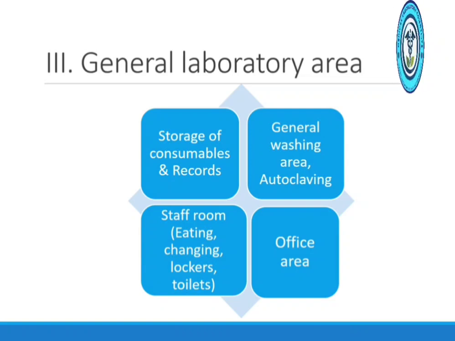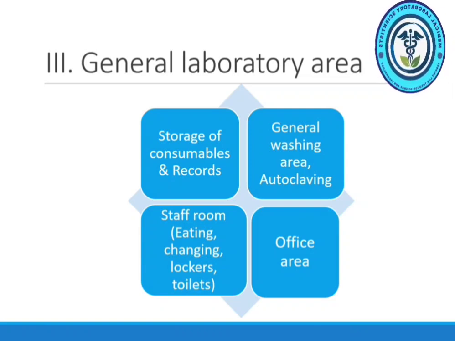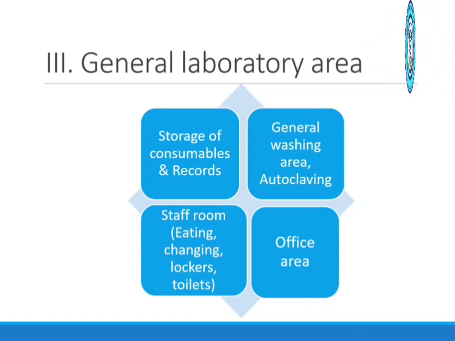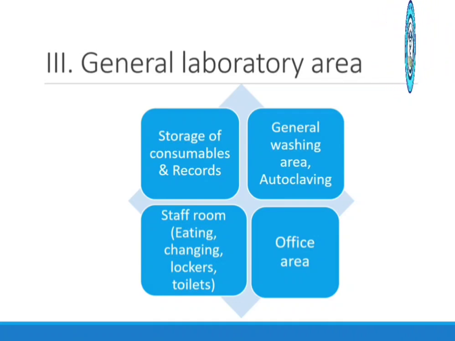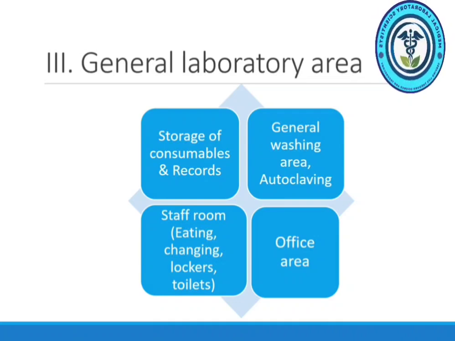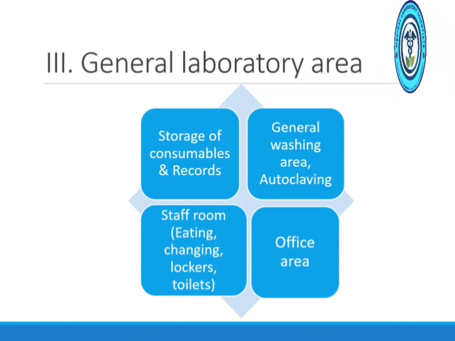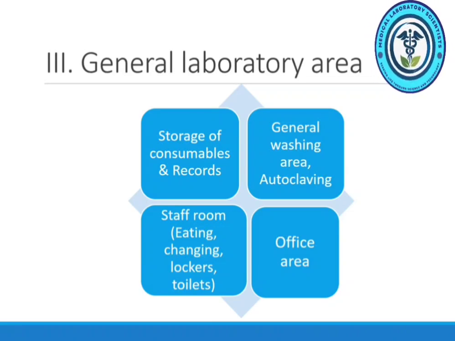The general laboratory area. There is no active processing and testing of specimens happening in the general laboratory area. However, it is necessary for the proper functioning of a wholesome laboratory. Clean, dry, and safe areas must be provided for the storage of consumables, reagents, and testing records.